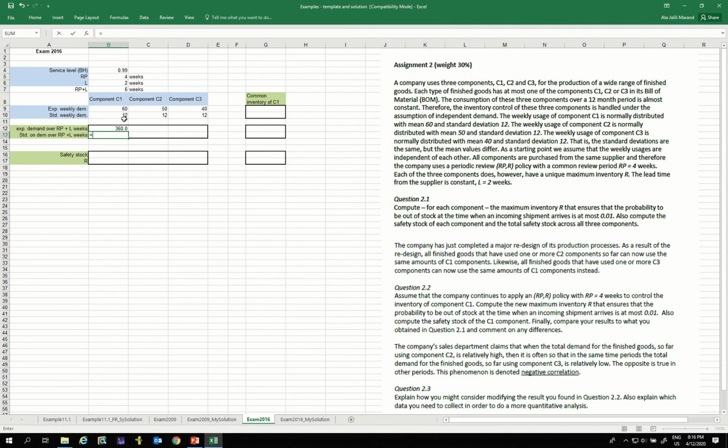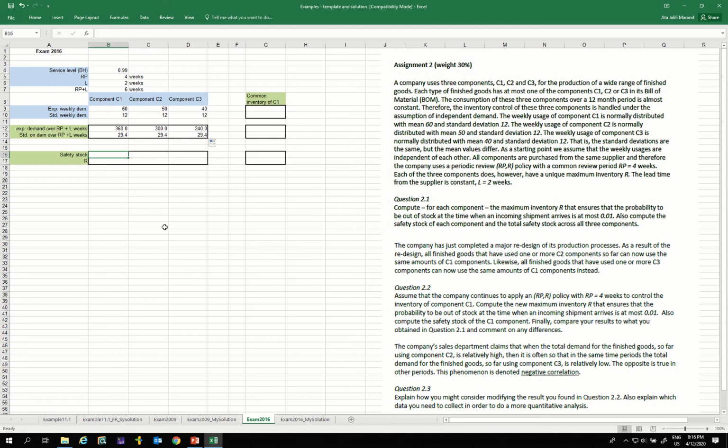And for the standard deviation of demand over Rp plus L, we have the square root of Rp plus L multiplied by the standard deviation of weekly demand. We can do the same calculations for the other components and find the same measures for each of them.